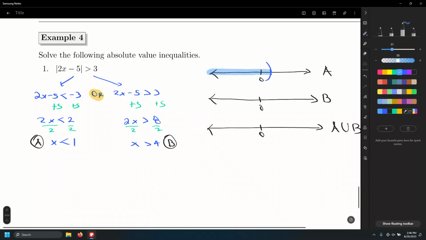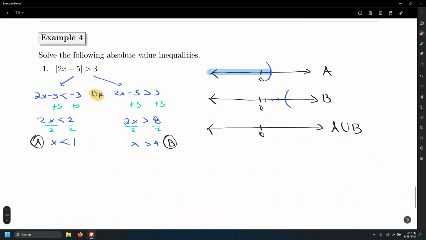What's next? 4. 1, 2, 3, 4. In this case to the right, because this greater than indicates towards the right like an arrow, all the numbers that are greater than 4 are to the right of 4. All right, so let's see.